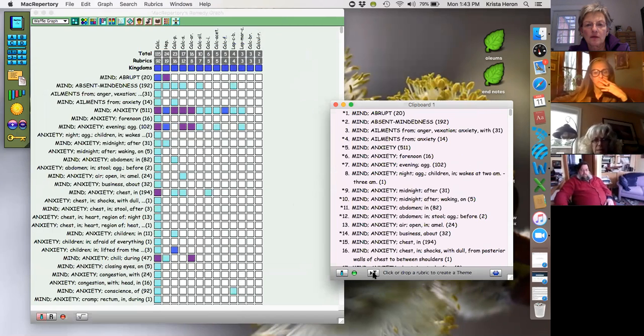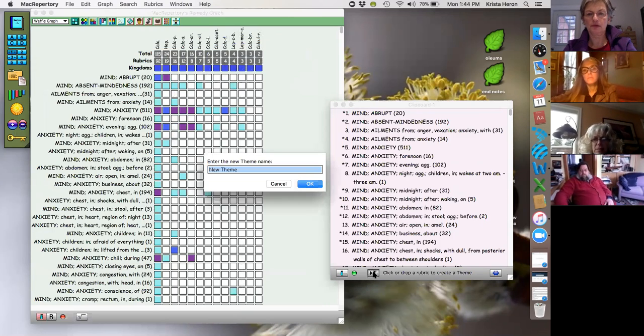But what you do is you come down to this place where there's the third little icon on the bottom of the menu bar of your rubric clipboard. And you see that there's a little arrow with a T. Okay. And so if you click on that, just single click, you get this little box. And I'm just going to write anxiety time of day.